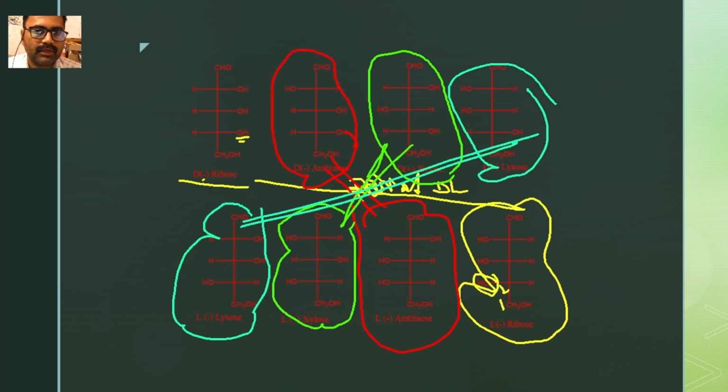So we can observe that the number of stereoisomers exist as DL pairs. Okay. So if there are 4 DL pairs, that indicates the formation of 4 D isomers and 4 L isomers.